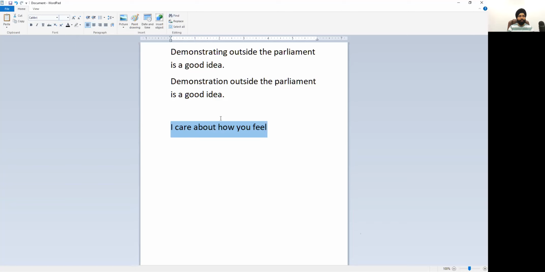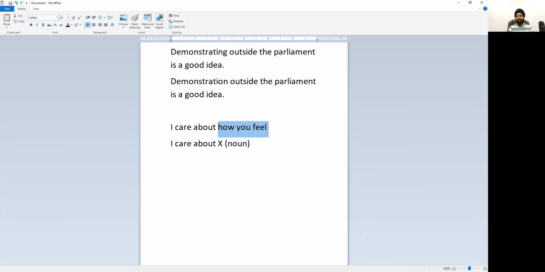Okay. So basically here, "about" is a preposition. You can say "I care about some X." So essentially you need a noun here, because "about" is a preposition. I care about X, or I care about your feelings, I care about my laptop and all that. Instead of that, you have "how you feel".